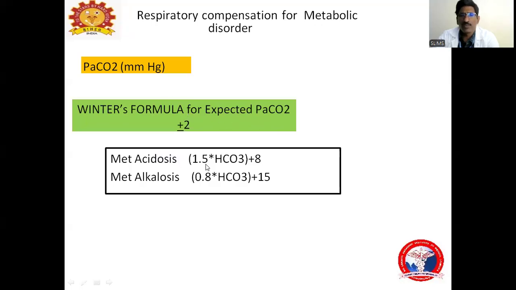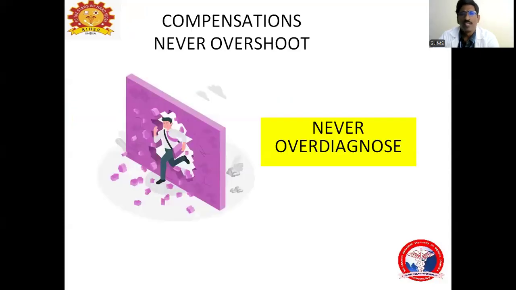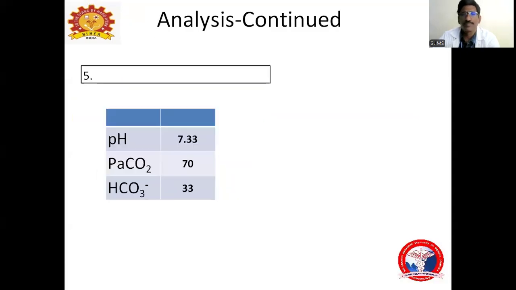For acidosis, it is 1.5 into bicarbonate plus 8. You reverse this number, 0.8 into bicarbonate plus 15, for metabolic alkalosis. So either you use 1.75 or Winter's formula to differentiate a respiratory compensation, whether it is abnormal or not. So never overdiagnose, compensations never overshoot.